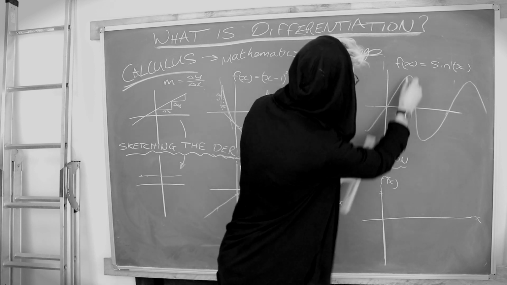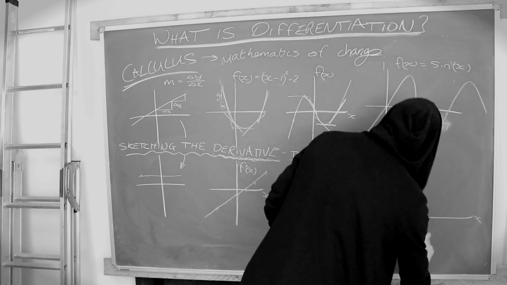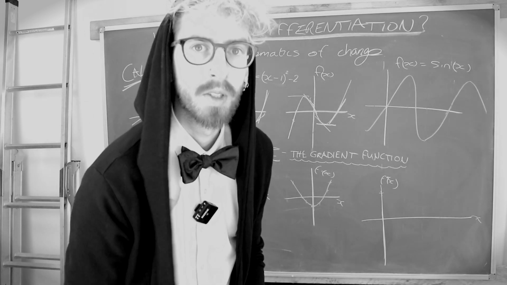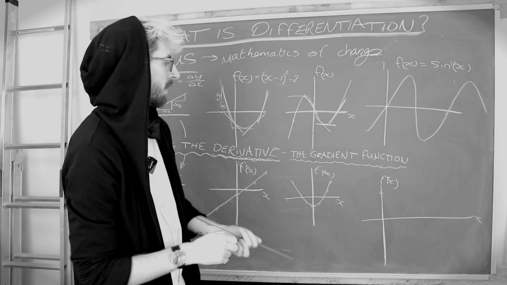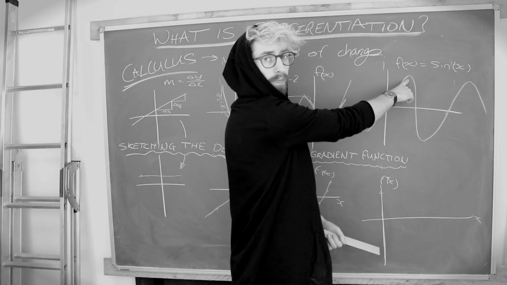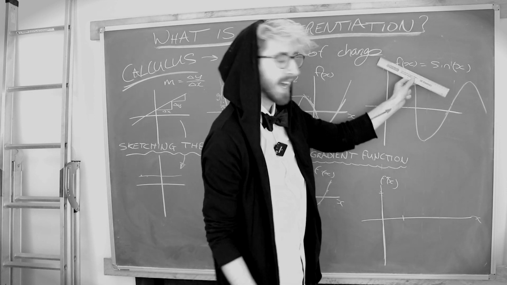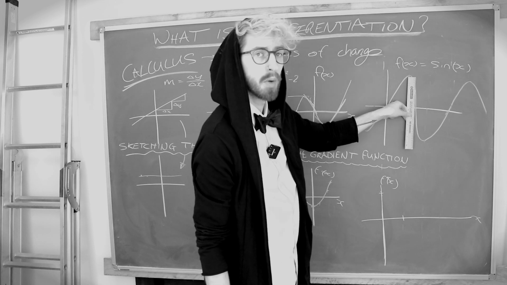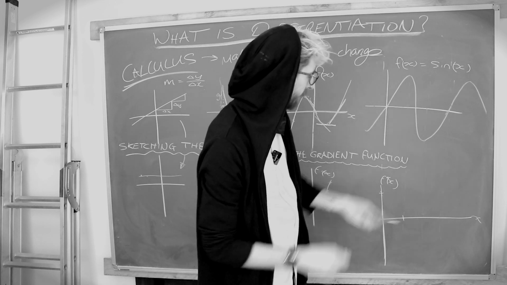So I'm going to do this in red chalk just because I can. Don't know if you can see that, probably not. So at this point, gradient is 0. Then it starts to get negative, and it goes to a maximum negative, because that's as steep as it's going to get, and then it shallows out again.